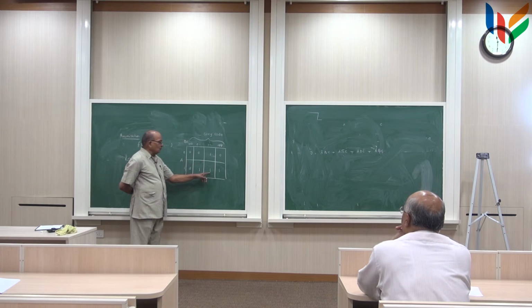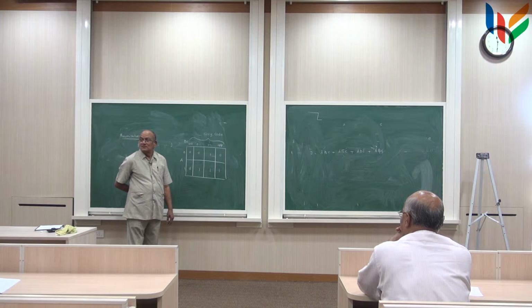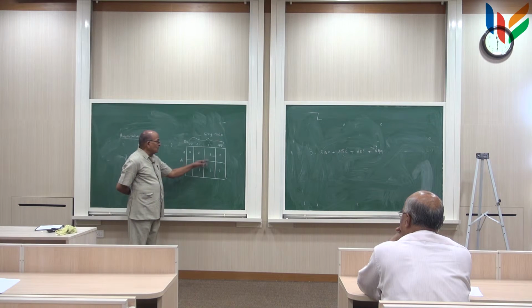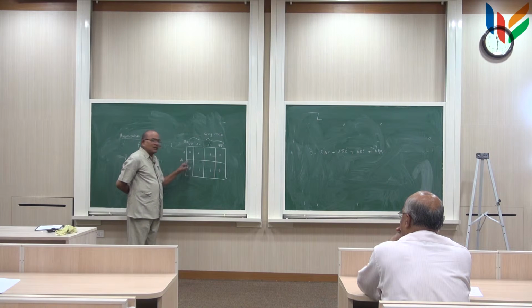This is 1, this is 1, and when does it happen? It tells you these are both 1 when A is either 0 or 1, but B and C are only 1 and 1. So, A becomes irrelevant in this.